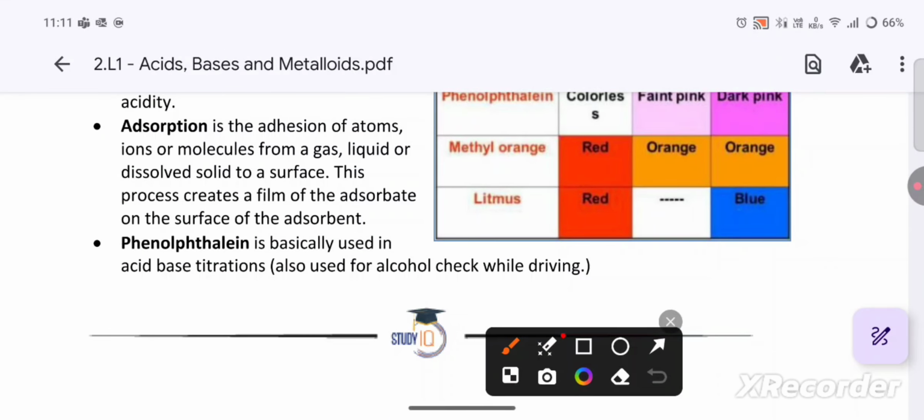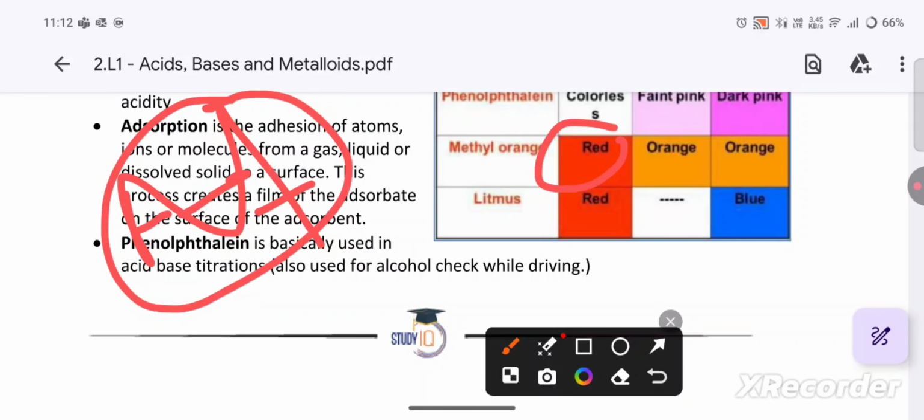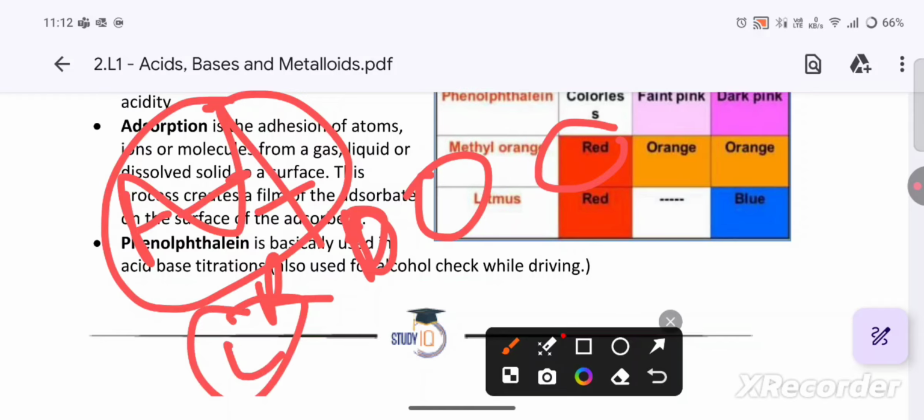Same as methyl orange, in acid it is red. We can memorize it like: in acid it shows red, in base it shows orange. Litmus is very commonly used, as we saw in our school days also.